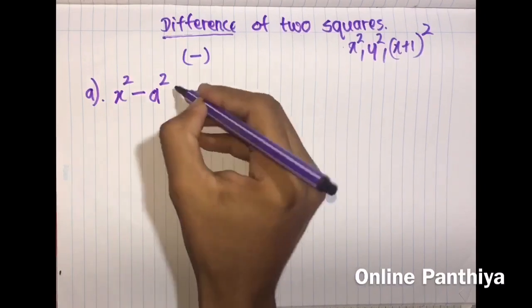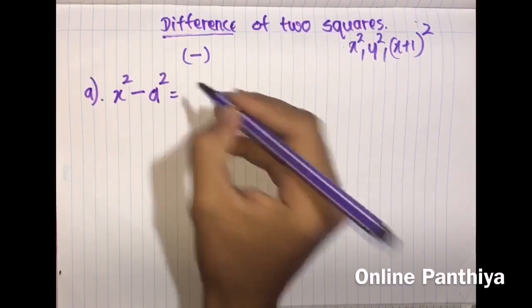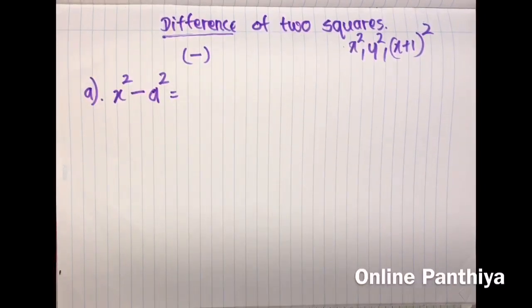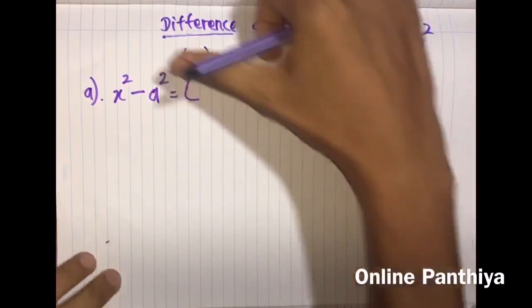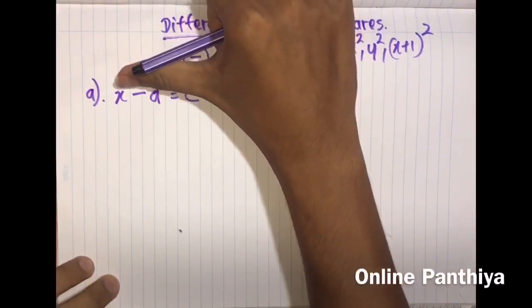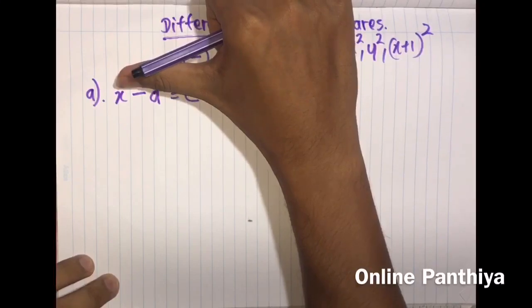Now there is a shortcut method to factorize this. I'll go straight to the shortcut method. This question may be repeated in your exams. For part 1, mostly you will get a question based on this. This is the way of factorizing. First, hide the square part. What do we have here? x minus a.